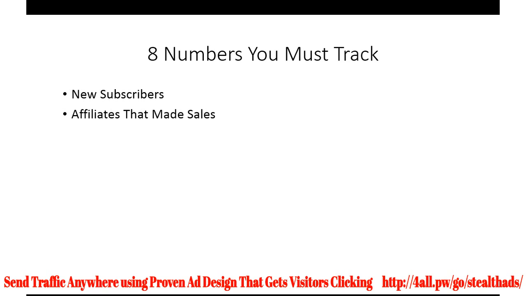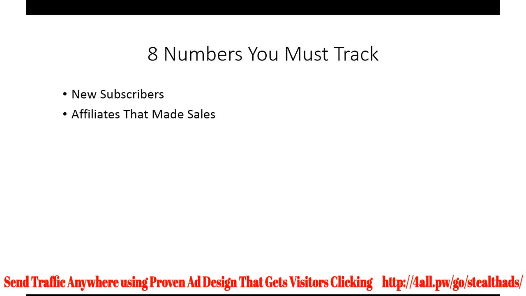You want to keep track of the affiliates that made sales for you. Now, that means that when your affiliates have requests and they have launches, the people that are really making sales for you, the people that are really going all out for you to make your product launch happen, who are basically bringing you leads by promoting your product, you want to make sure that you do everything you can to help them to make more money. Right, so when they have a request, when they want to talk about things, when they need your help, make sure that you build relationships with the people that are making sales for you.